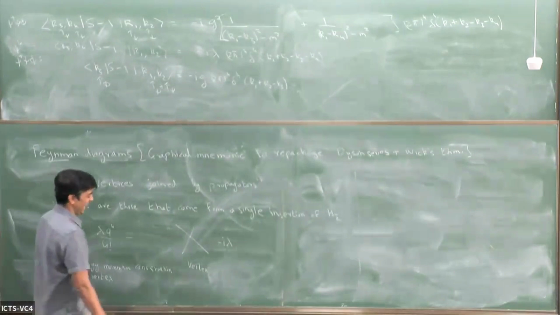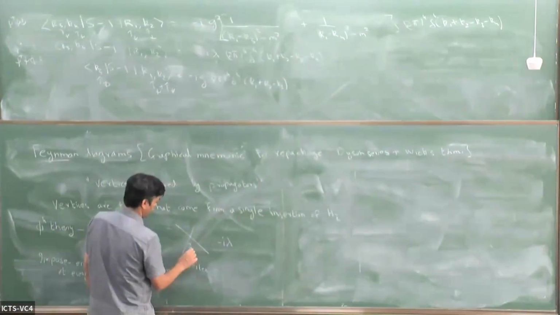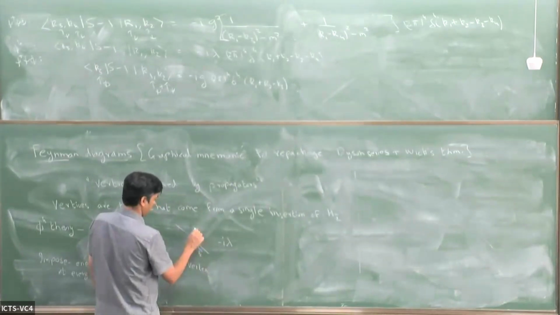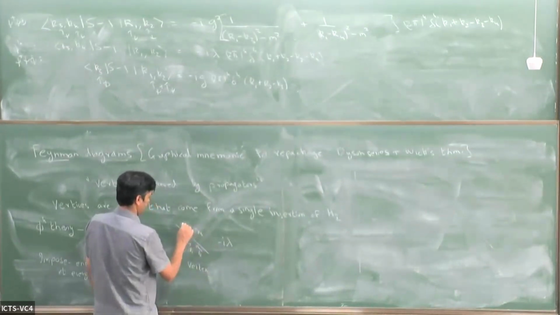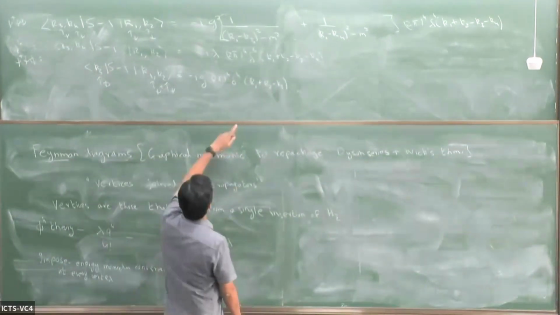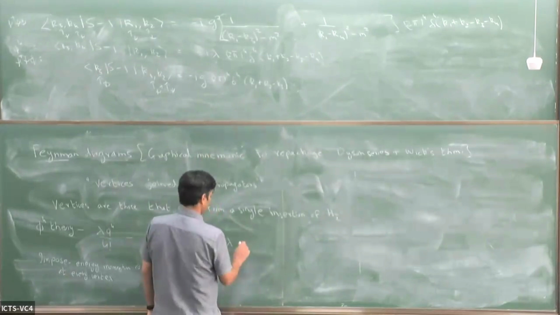What does that mean? That means that you mark the momenta that come in here, A4, and you write down the factor that we have on top.